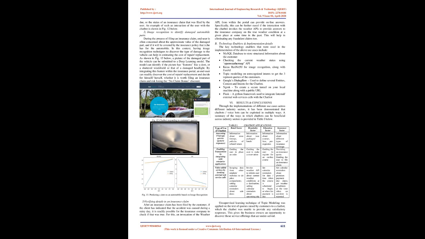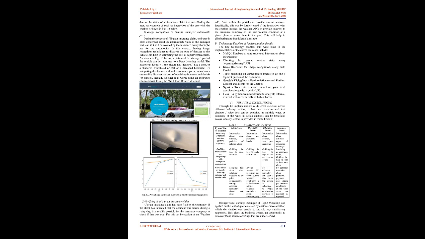B. Technology enablers and implementation details. The key technology enablers that were used in the implementation of the above use cases include: MySQL database to store structured information about the customer. Checking the current weather status using OpenWeatherMap API. Keras ResNet 50 for image recognition, along with Fast AI.